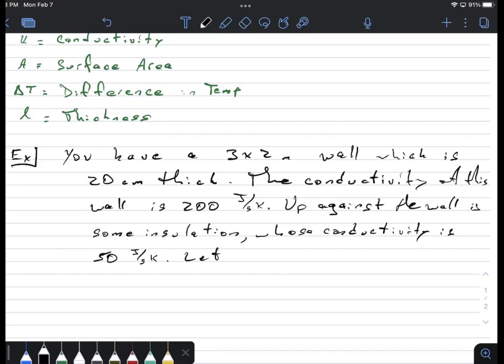Let the thickness of the insulation be, let's say, 30 centimeters.